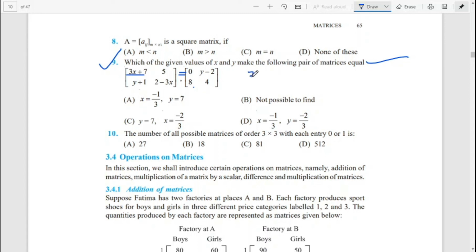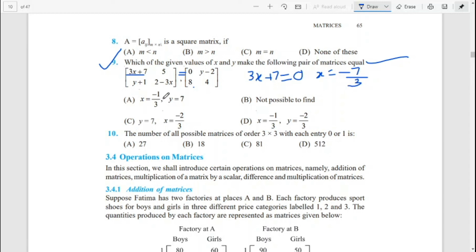So x equal to negative 7 by 3. It's not so difficult to find these as you have worked them out.